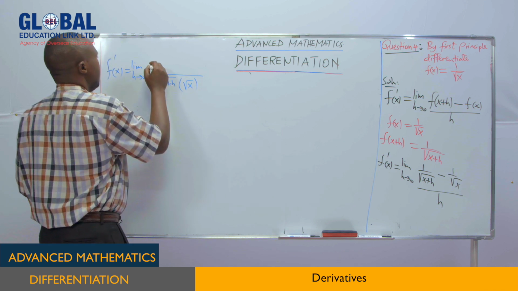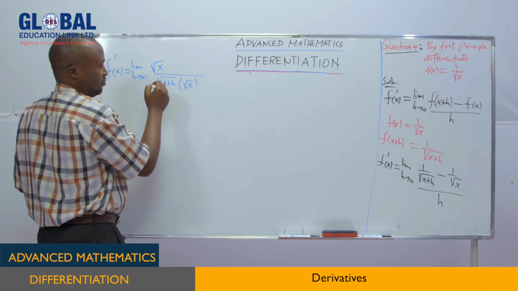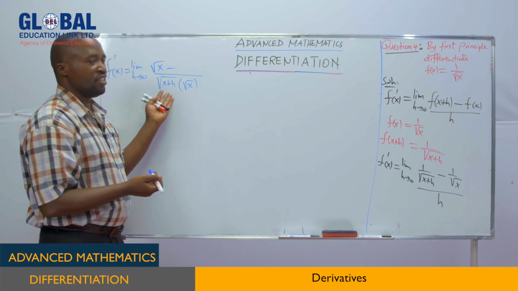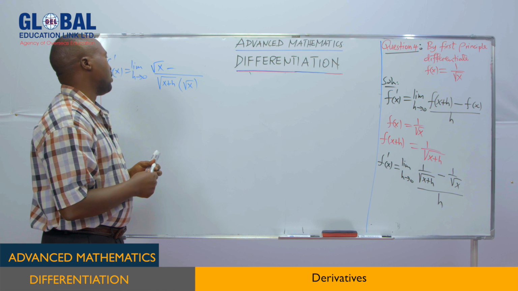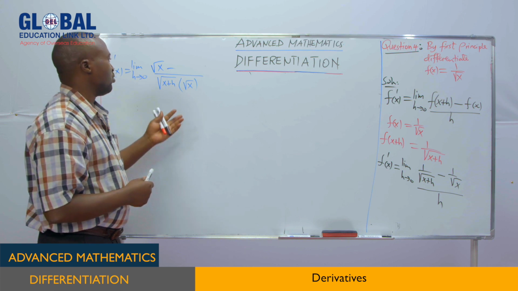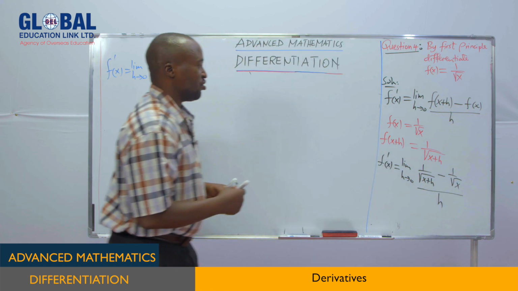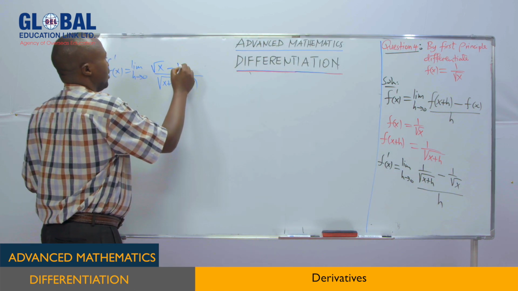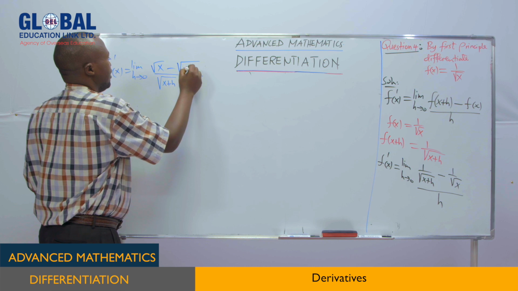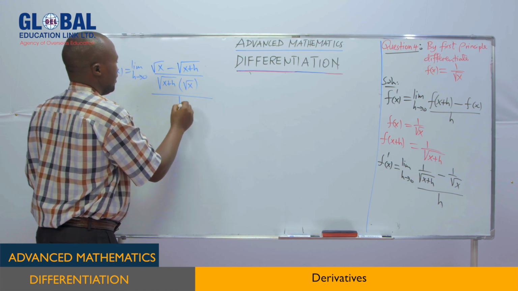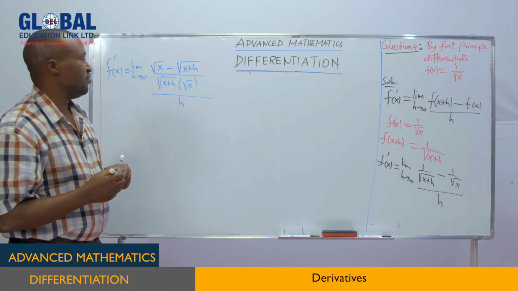So here it will be the square root of x. Then minus, we have our LCM, that is the square root of x plus h, times the square root of x divided by the square root of x. So we are going to have the square root of x plus h. But this one divided by h.